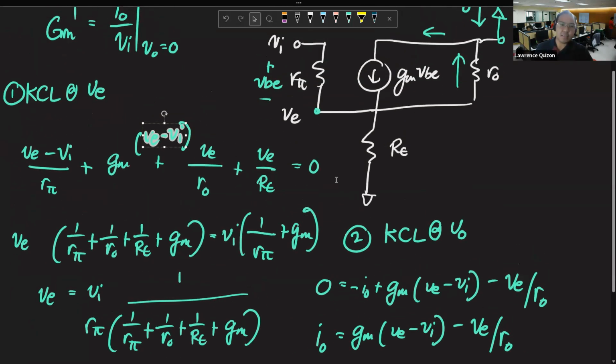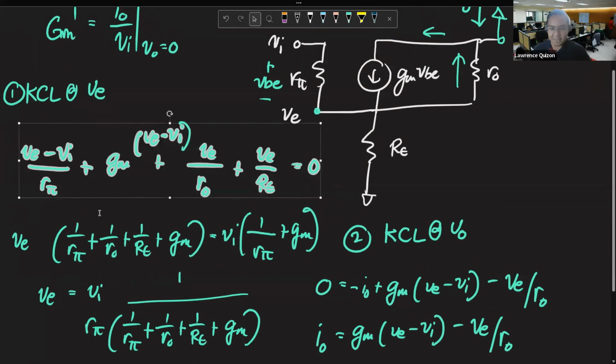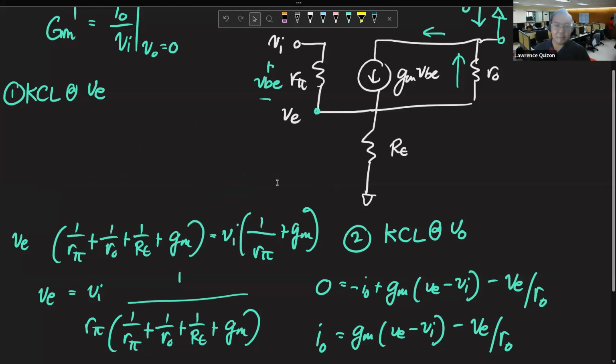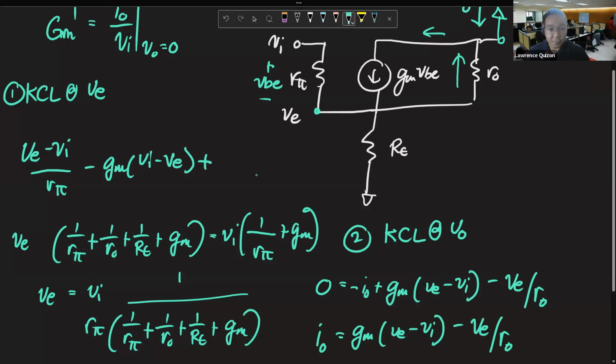You know what? Let's do this one again. So, VE minus V in over R pi minus GM times V in minus VE. Okay, tama yung lalabas. Plus VE over RE plus VE over R out. And that's all the branches na.